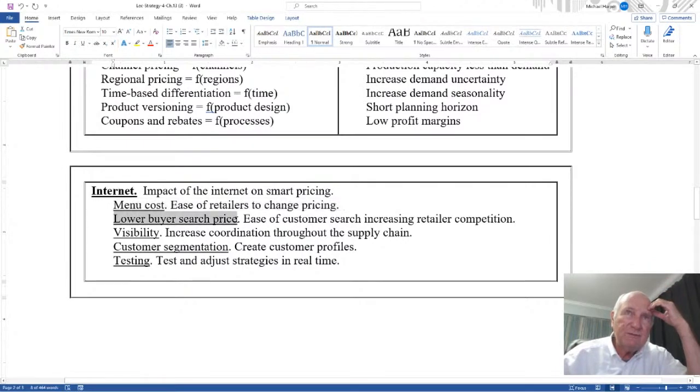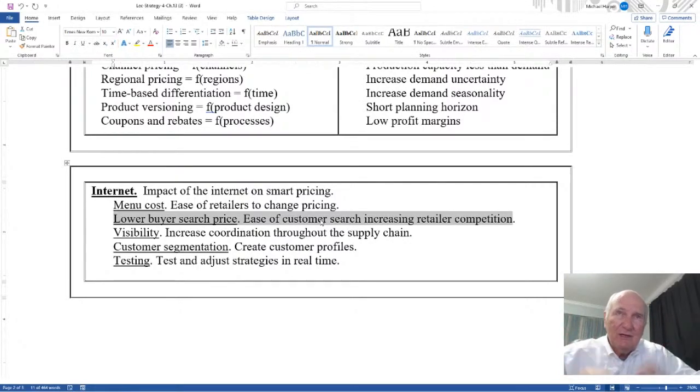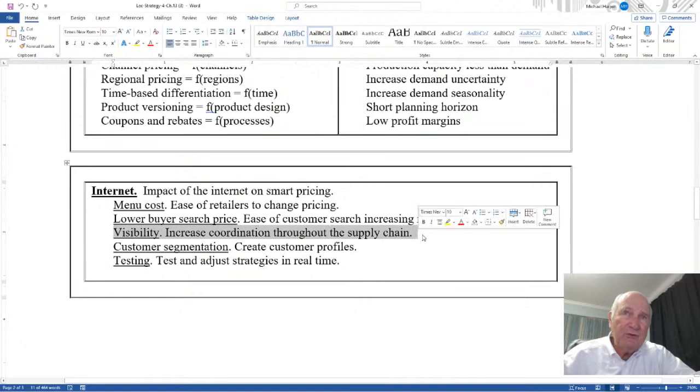Lower buyer search price. In other words, the customer can search very easily, cheaply. Does it really cost money to get on Amazon and look for something, to Google it? No. The ease and the lower buyer search will enhance your pricing. Visibility: you increase coordination through your supply chain for the logistics.